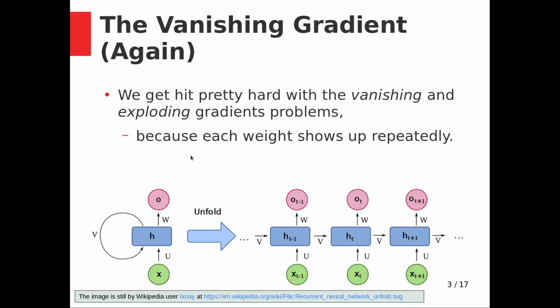We get hit pretty hard by the vanishing and exploding gradient problems when we do this, because many of those weights are showing up repeatedly. Every unit at a certain time has a connection to every other unit.